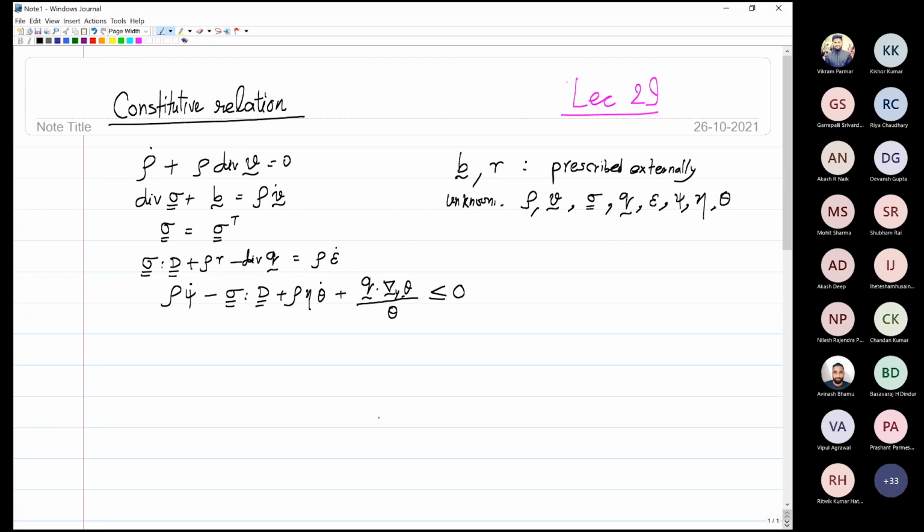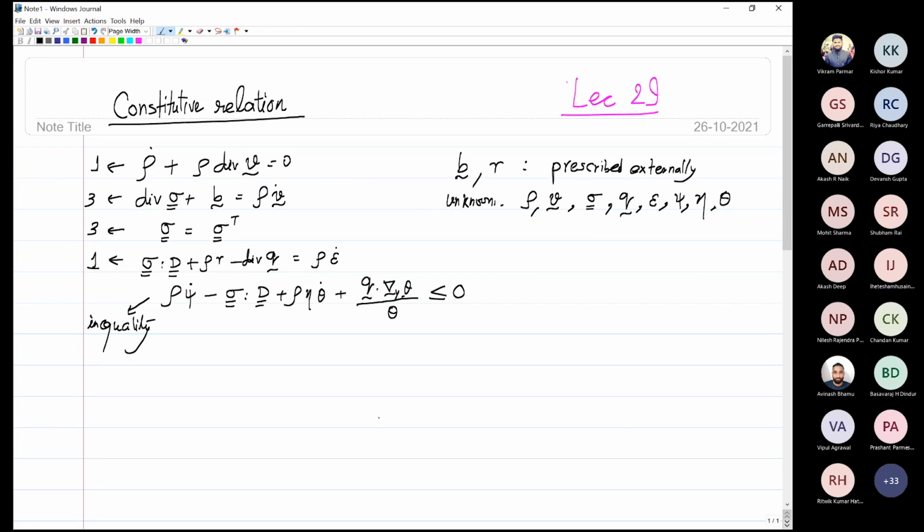So we have so many unknowns. And how many equations do we have? 1, here 3. So this is 1, this is 3, this is also 3, this is 1. And this is just an inequality. It's not really useful in solving for an unknown, but it just provides some restriction. You will see later on.